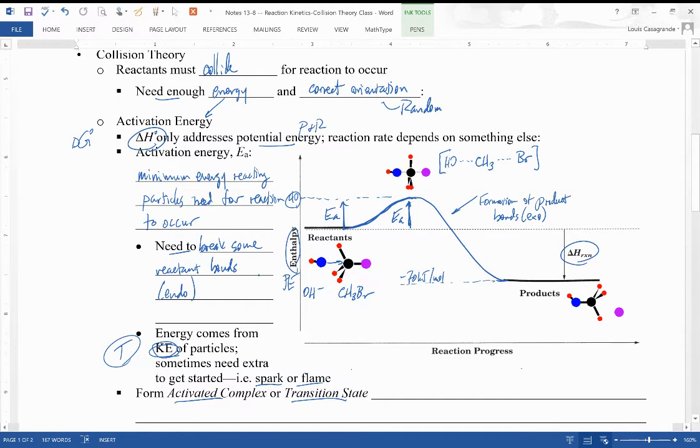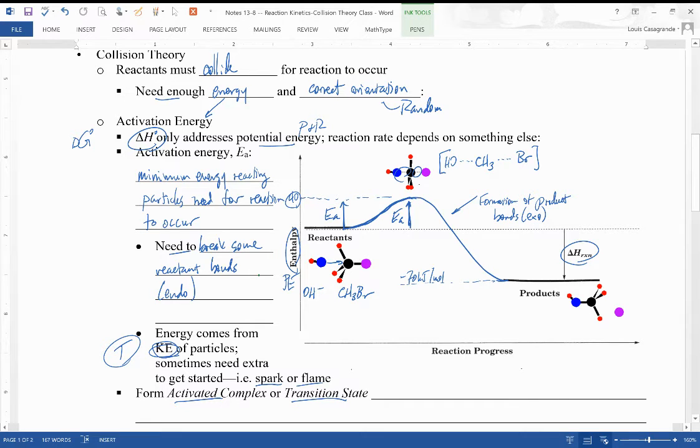And the dotted lines here in this activated complex are showing that we're breaking the bonds for the reactant, and we're forming the bonds for the product.